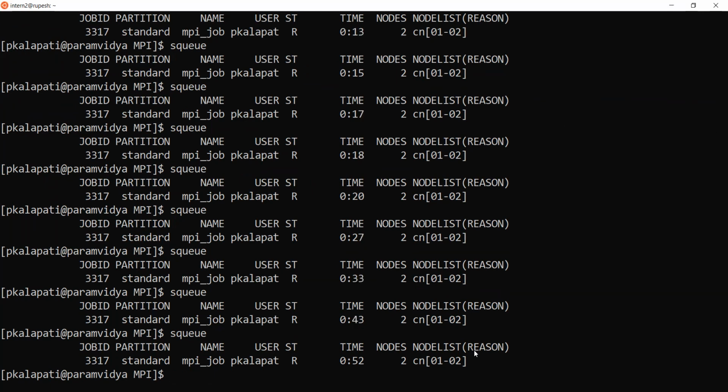It is taking this much time. How many elements did we consider? 10 power 9 or 10 power 10? Any guess?